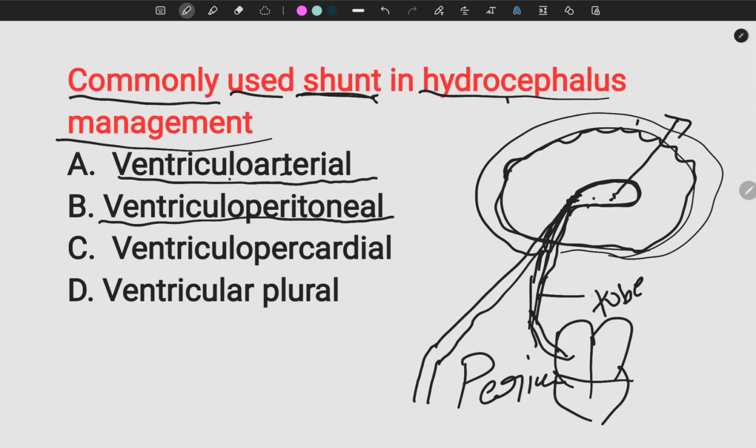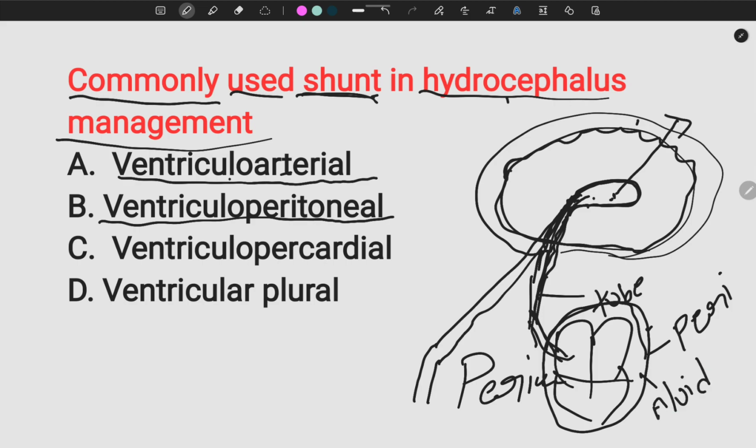Next, option C is ventriculopericardial. It is the same kind of shunt from the ventricles of the brain, connected to the surrounding covering layer of the heart. This is the pericardium, which also has some amount of fluid.